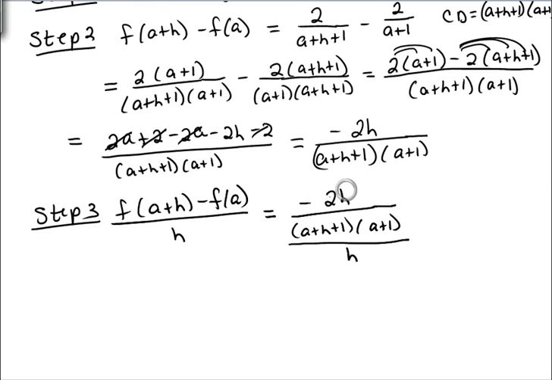So now we have this big ugly fraction divided by h, but h can be written as a fraction. We can write it as h over 1, and when you divide two fractions it becomes multiplication by the reciprocal of the denominator.